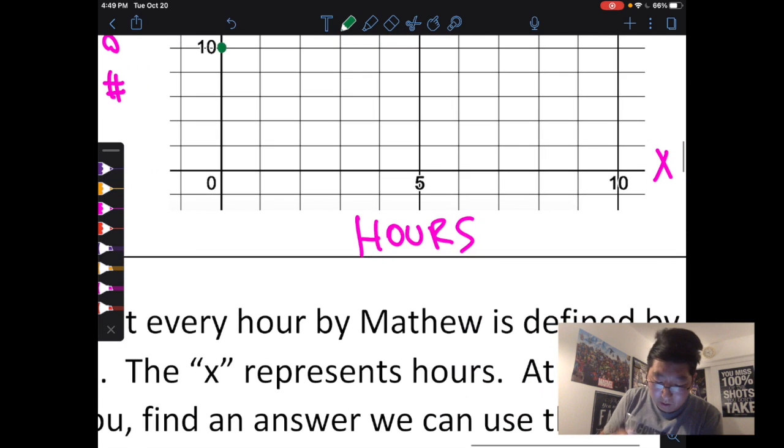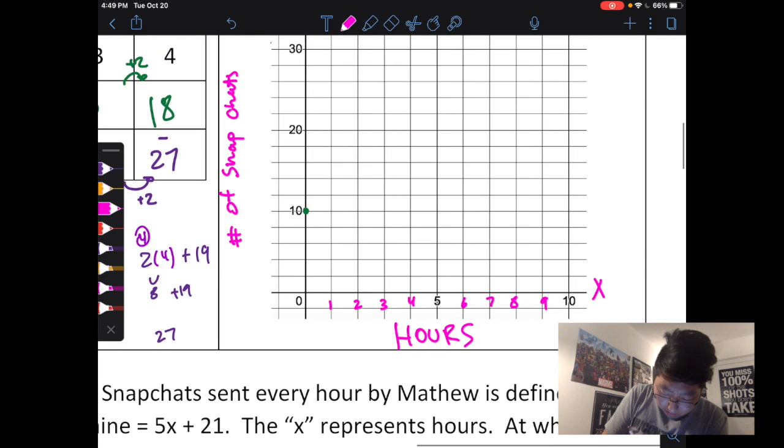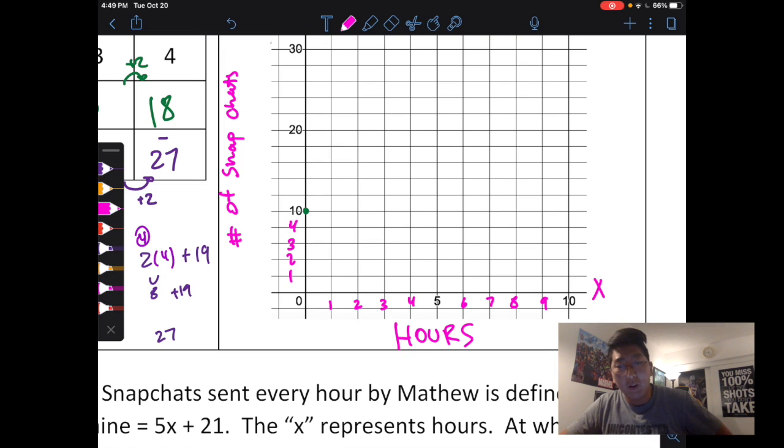So we need to find out if this is scaled by 1, 2, 3, 4, good, 5, 6, 7, 8, 9. Please also scale the top. 1, 2, 3, 4. Whoa! Does that work? Can we go 1, 2, 3, 4, 10? No. So we gotta figure out what it's scaled by.